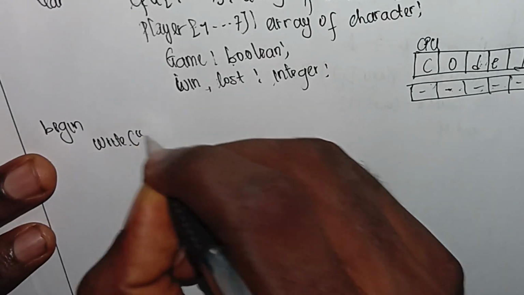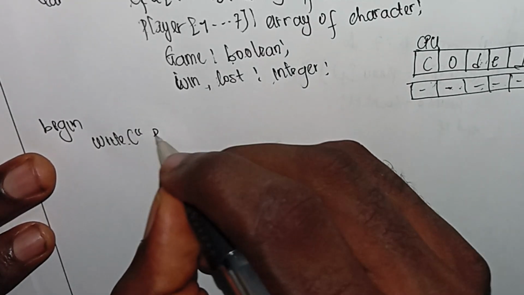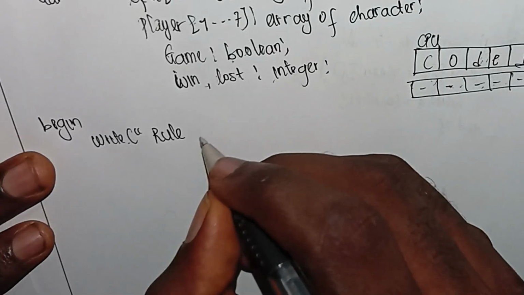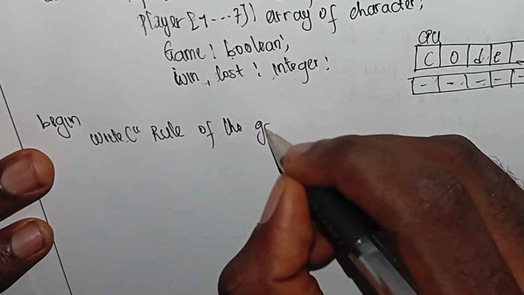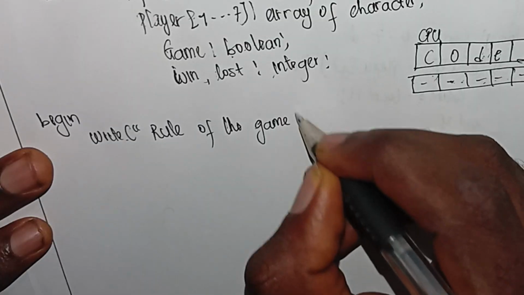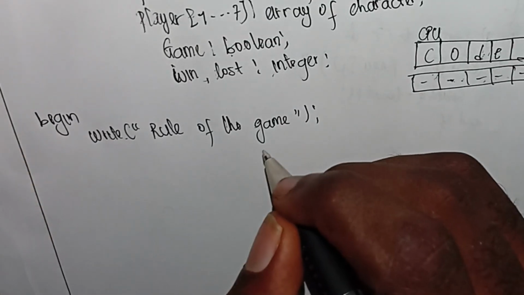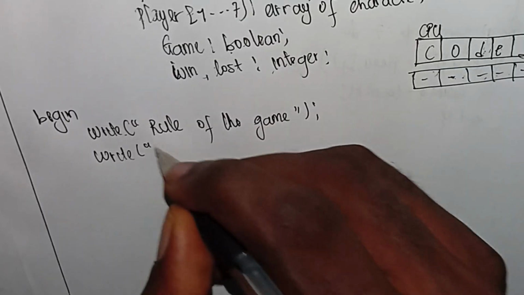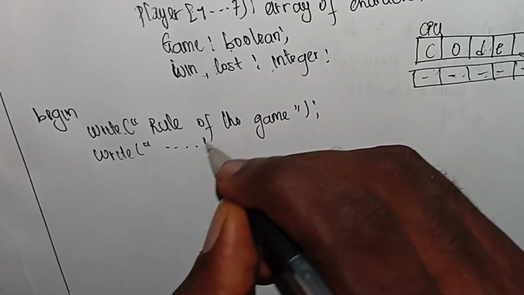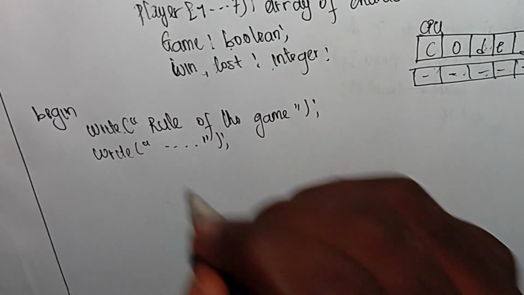So here you could create a procedure to define the rules, but I'm not going to do that. But it's a nice thing to do, since it does tell the user or the player the rules. Or you could always just write the rules down here, and I'm not going to do that either.